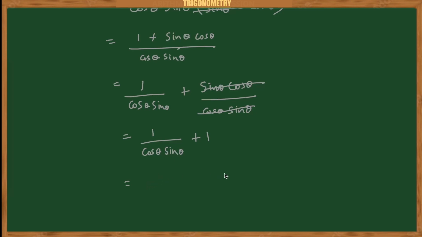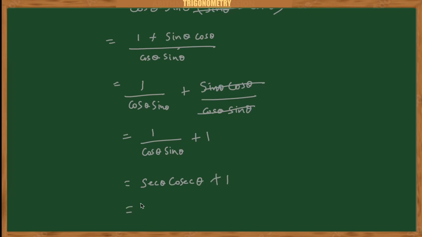We know 1 upon cos theta is secant theta, and 1 upon sin theta is cosec theta. So this we got. Then we have remaining plus 1.